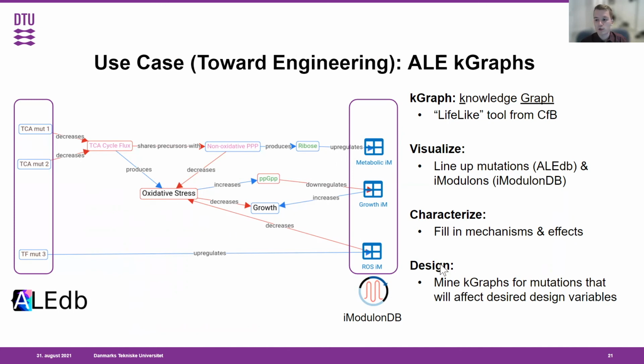So if you're working on a genome design and you are noticing oxidative stress is becoming a problem for your cells, or you want to increase the flux through a certain pathway, then you might want to find these knowledge graphs and look through them and see which mutations might affect those phenotypes and iModulons of interest to you. In this way, we can build up a visual understanding of a strain in order to design better strains.